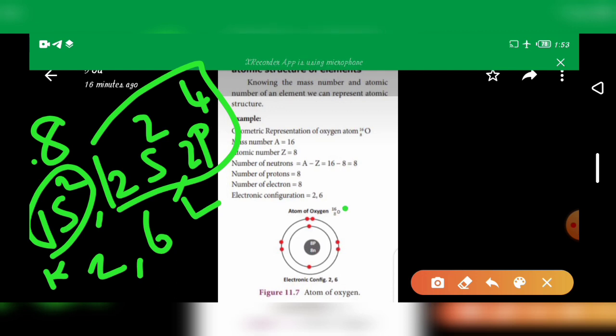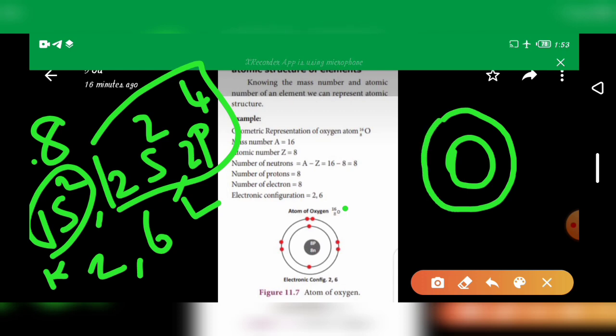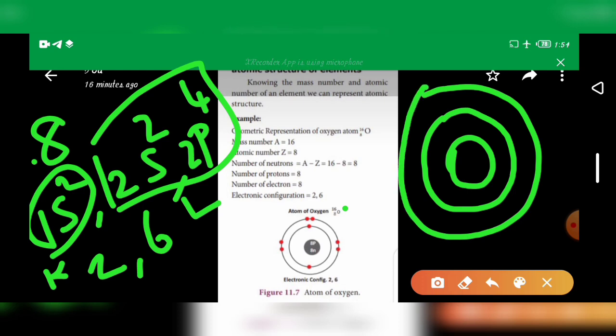That will be written in a dotted structure like this. Here is the nucleus. I am drawing the first cell and this second cell. The first cell contains 2 electrons, one here and one here. Next, how many electrons does the second cell contain? 6 electrons.